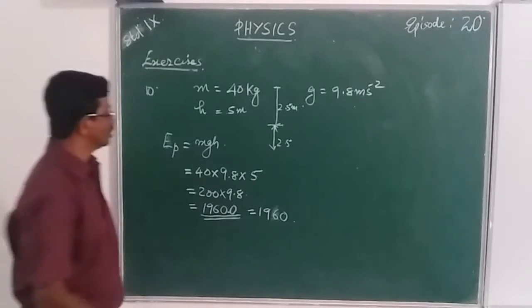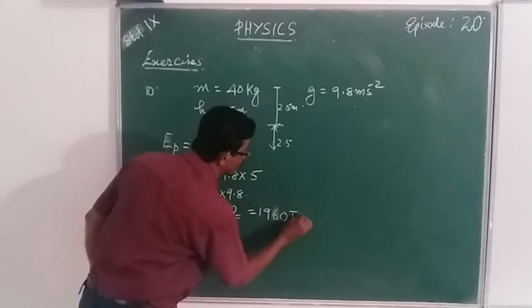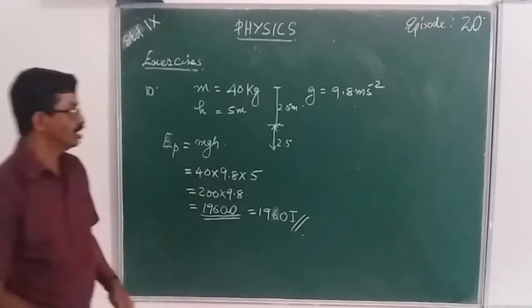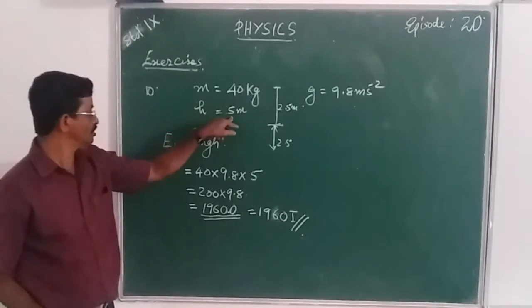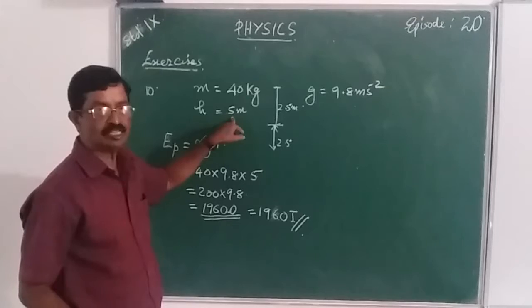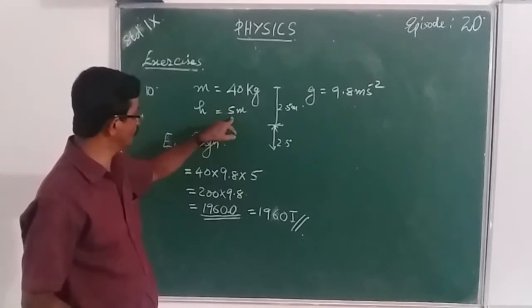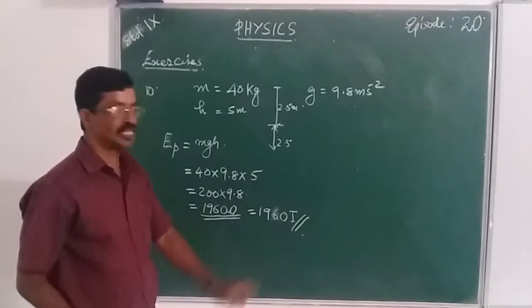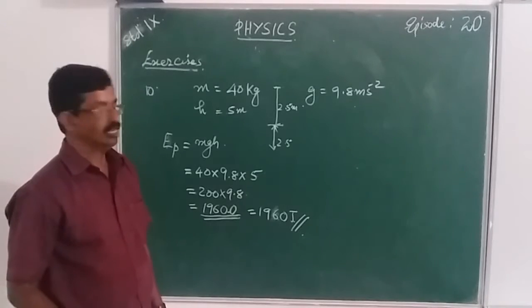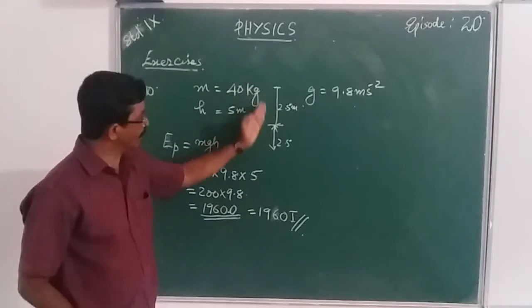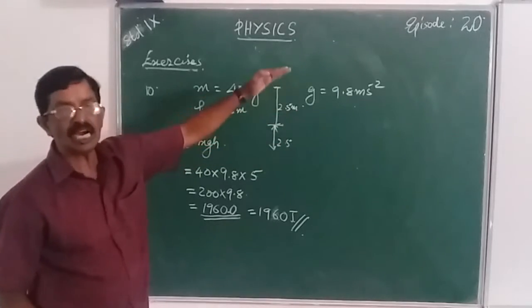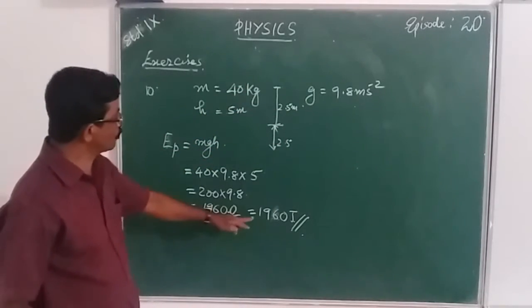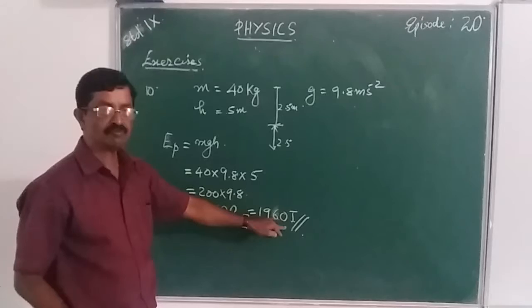That means this is the potential energy at this height of 5 meter. Potential energy at the height of 5 meter is how much? 1960 joule. When it falls to a height of 2.5 meter, that is half height, its potential energy becomes half.